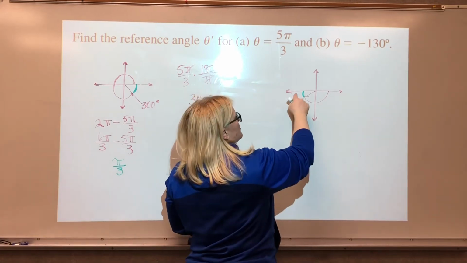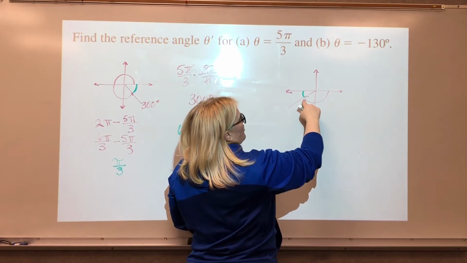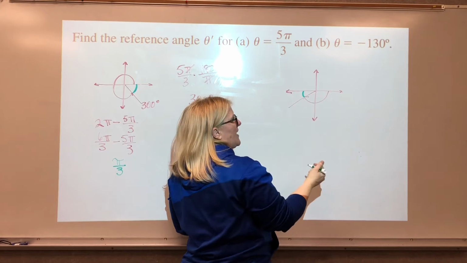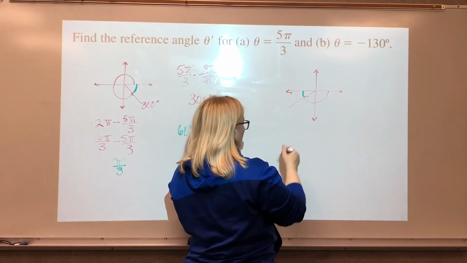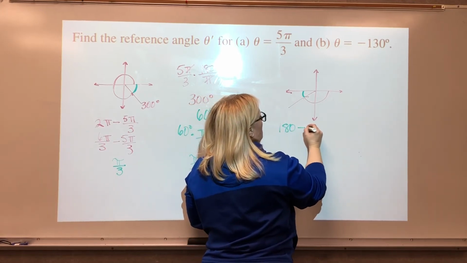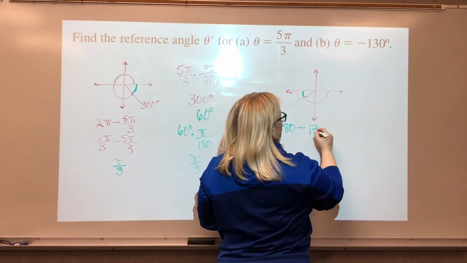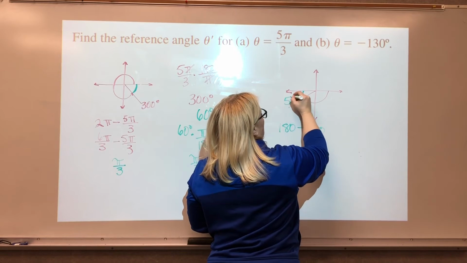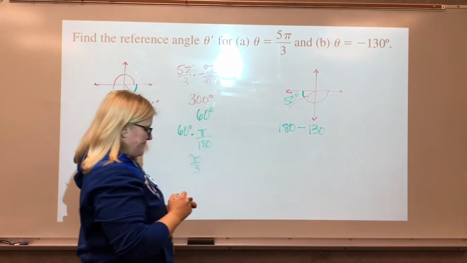If I have negative 130, so this is 130 degrees, how much more do I need to get to 180? That's going to be 180 minus 130, because even though that's negative, this still is 130 degrees, which gives me 50 degrees.